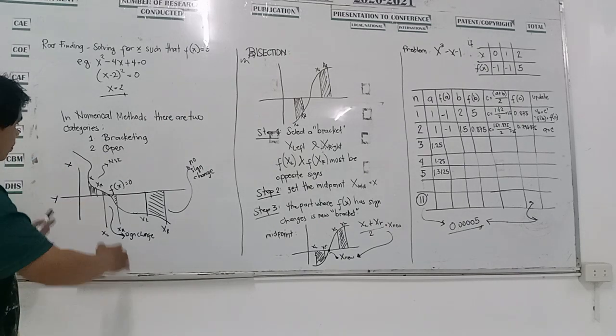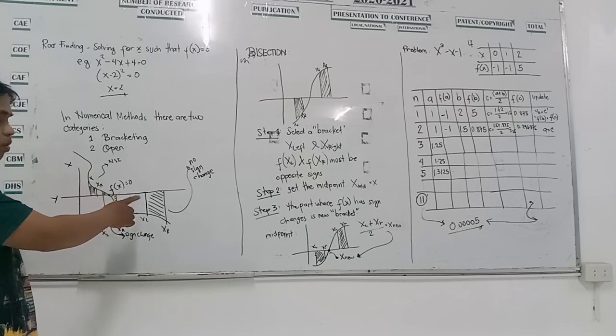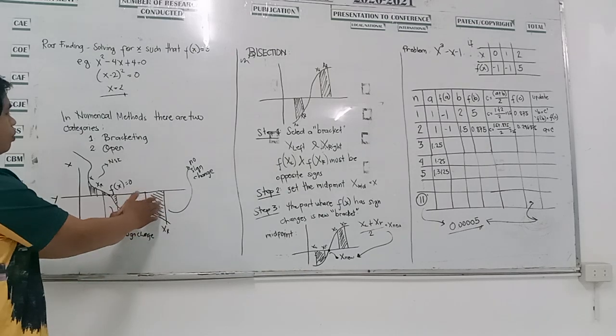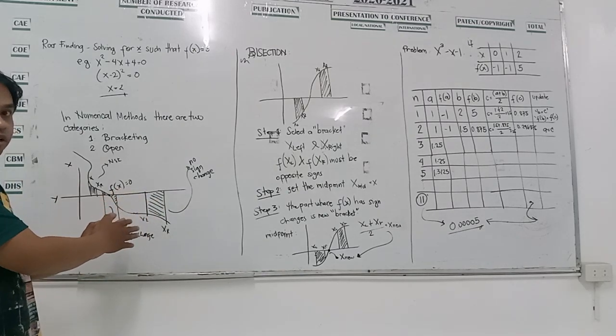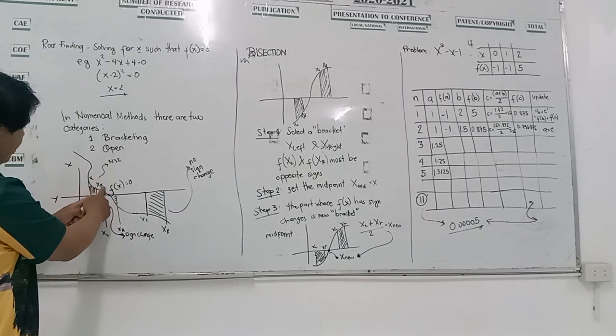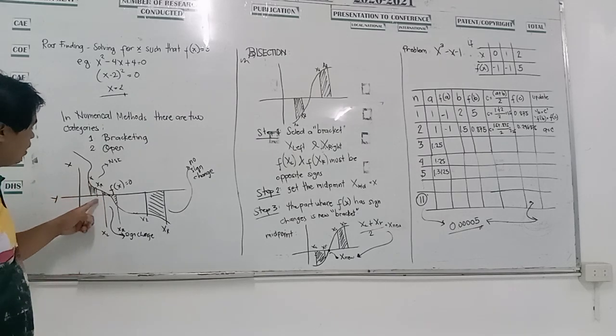So, in bracketing, if we have such an equation f of x equal to 0, we are plotting these equations, and we need to bracket every portion of this graph. So let's say, for example, we bracket x left and x right. Kunwari, ito yung unang pinili natin, xl and xr.